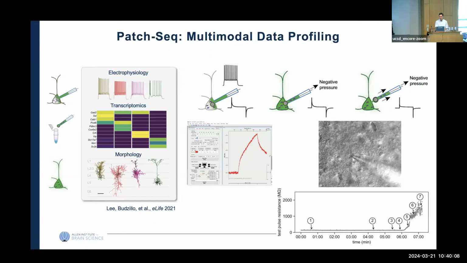It's not even necessary to do this for every cell, but we do it as kind of linkages. Once we know something that we want in that space, we can use this technique to build landmarks as to how to link different things. For example, when you see this pattern, we know in the same cell, using patch-seq, we can link it to these other cells. So it provides a kind of bridge.